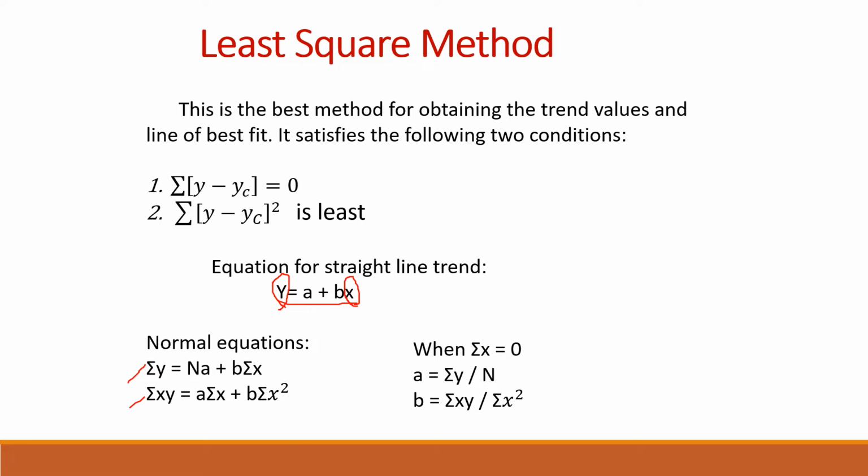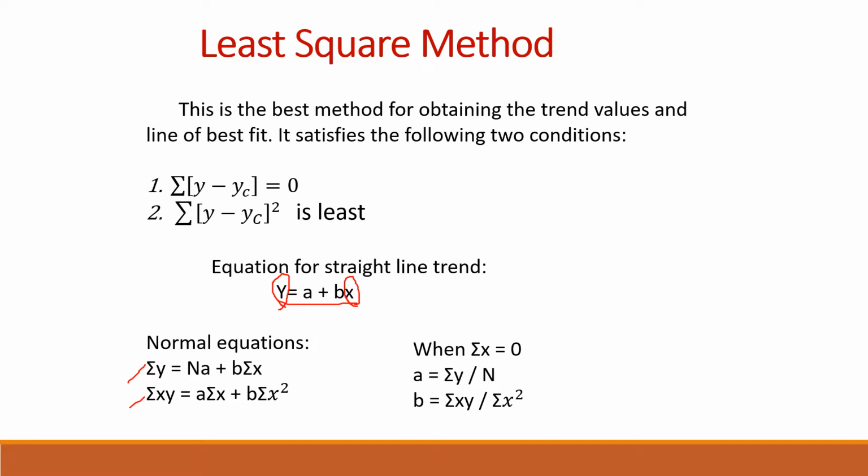Summation xy means we multiply x into y and then sum it. Summation x square means first we calculate x square, x into x, then add the values. By solving these two equations simultaneously, we get the values of a and b.